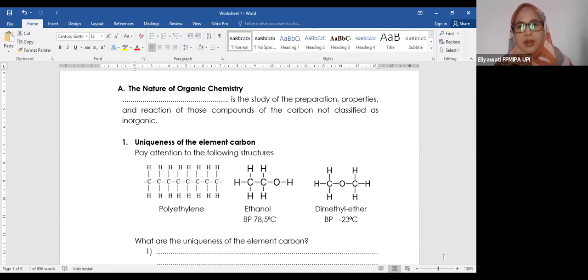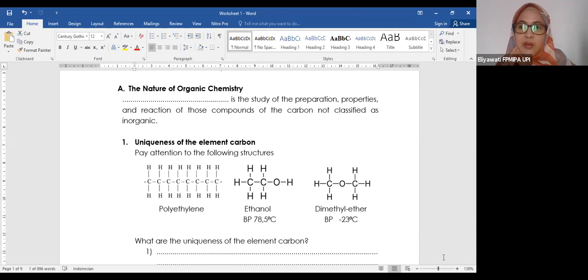For organic compounds, the nature of organic chemistry: in our daily life, we find so many kinds of organic compounds, including our body.